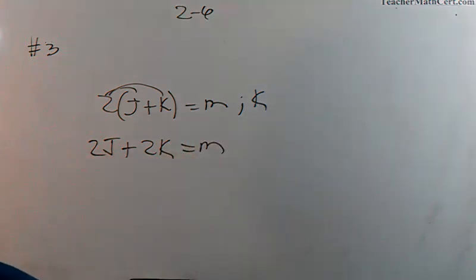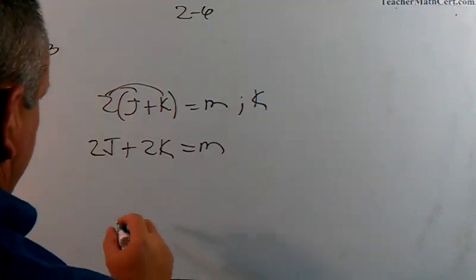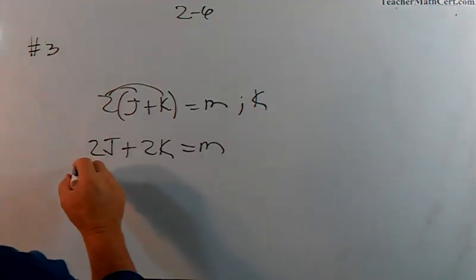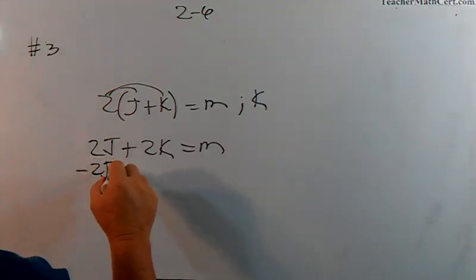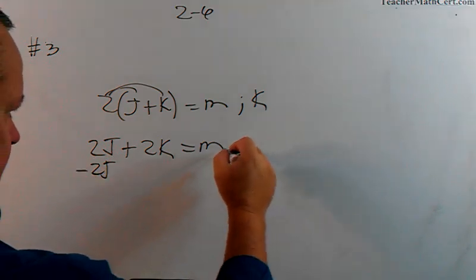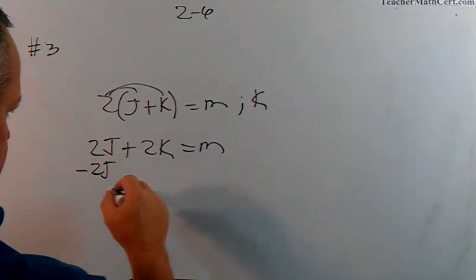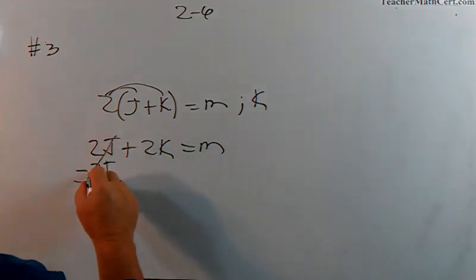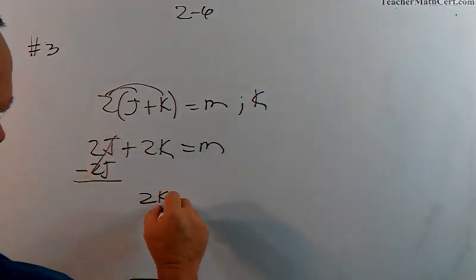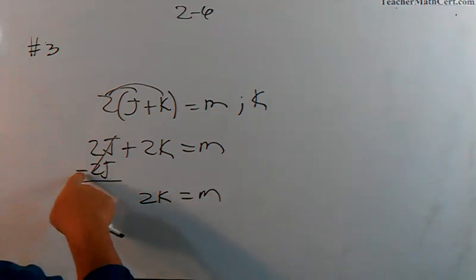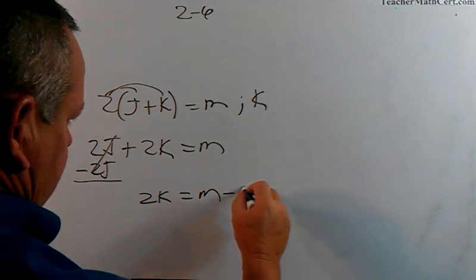It's equal to M. We subtract. We want to get K by itself, so we subtract 2J from both sides. So let me just go ahead and do that. That goes to 0. We're left with 2K equals M. But what do we do here? We subtract it by 2J.